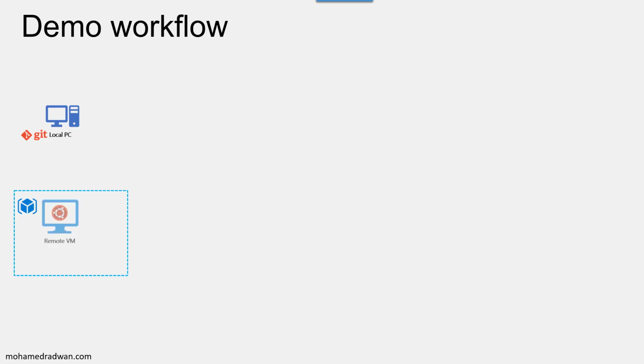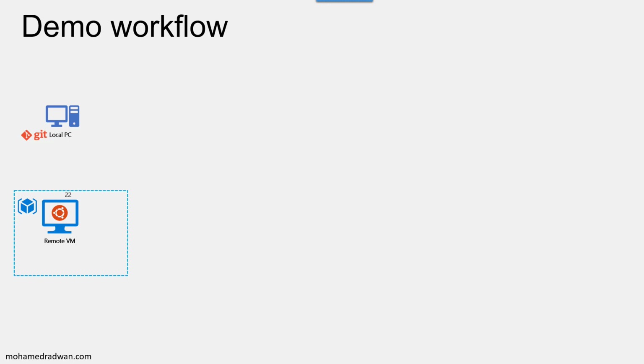Okay, so we will start the demo workflow on my client machine. I have my Windows machine with Git Bash installed, so I can use Git Bash as a terminal connection to a remote Linux machine. The next step is to log in to my Azure portal, create a resource group, and create a remote Linux machine.